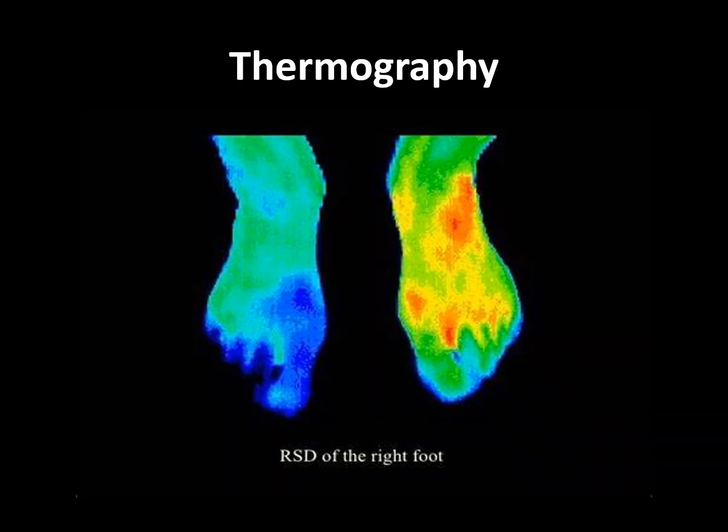Thermography. The patient is having problems with the sympathetic tone in the affected foot. The vessels have gone into spasm. The increased sympathetic activity is causing abnormal sweating from that particular limb. And when you use a special imaging called thermography, you can see that the foot on the right, which is the patient's left foot, is vascular.